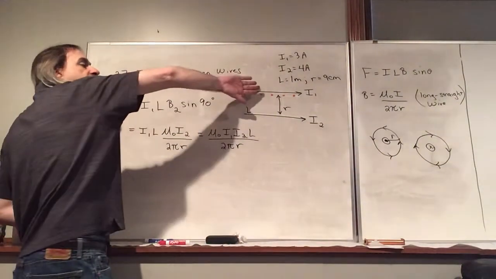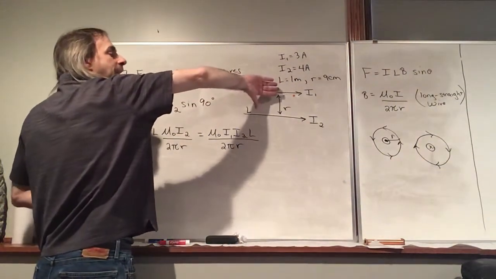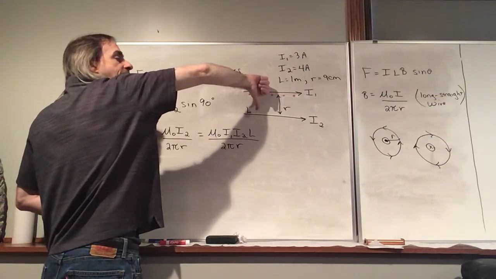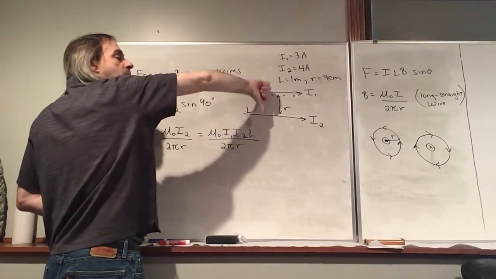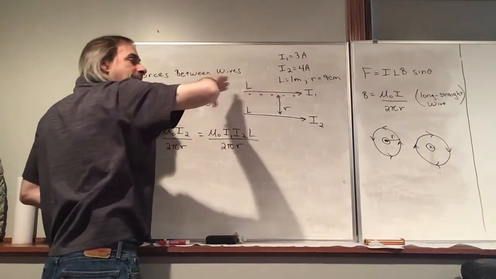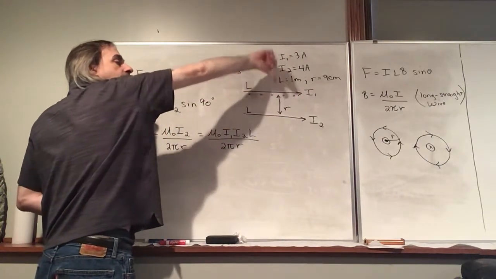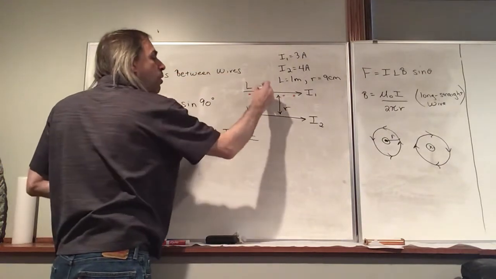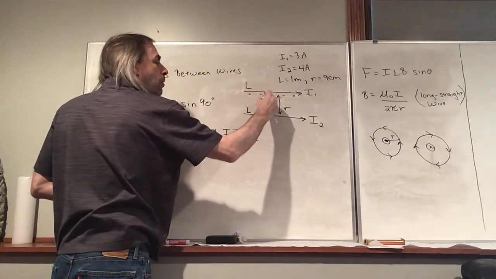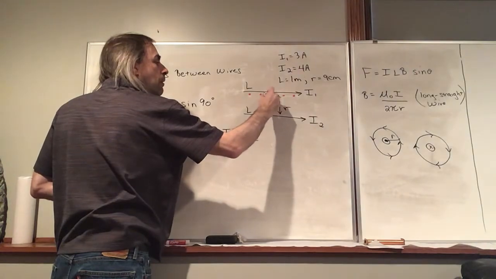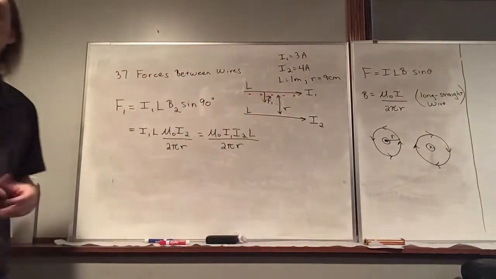So again, you put your fingers in the direction of the velocity and curl towards the magnetic field. And so the force, because we're dealing with positive charges moving to the right, we have to curl our fingers this way for the magnetic field. So the force on wire 1 is going to be downwards towards wire 2.